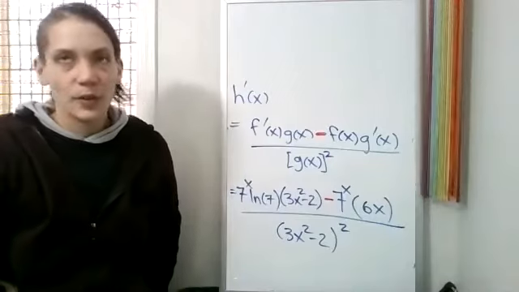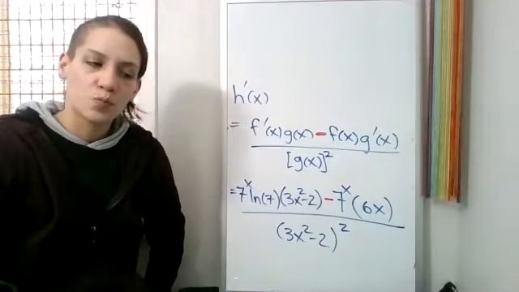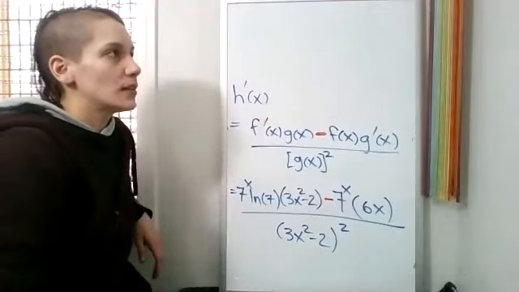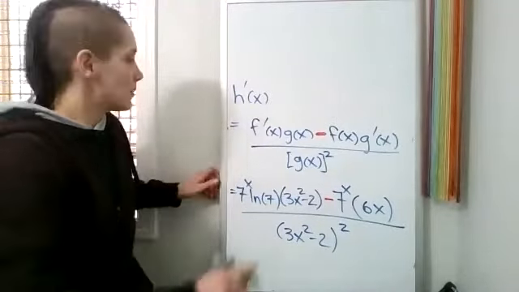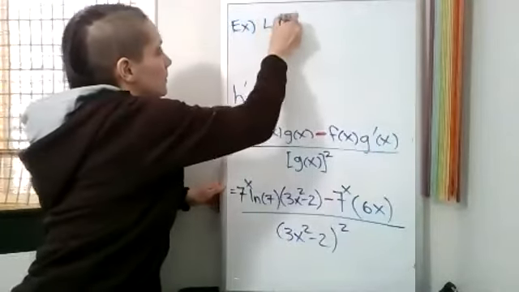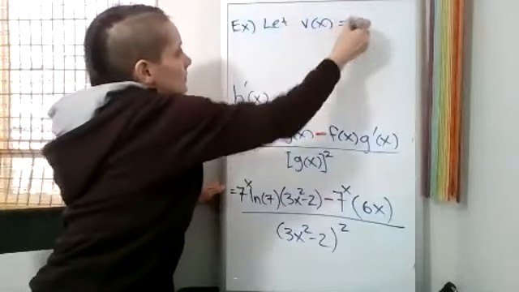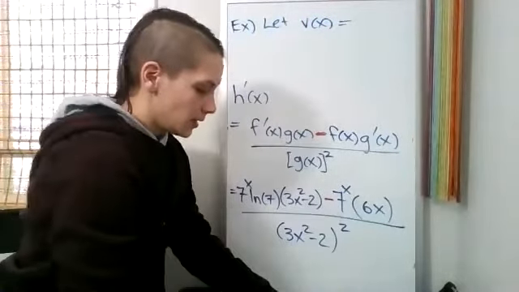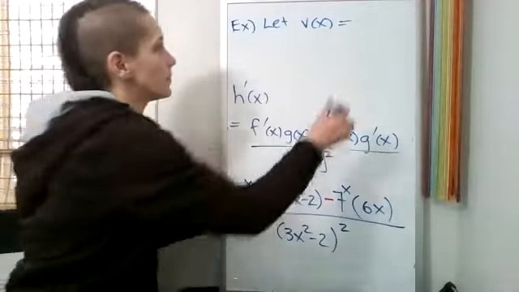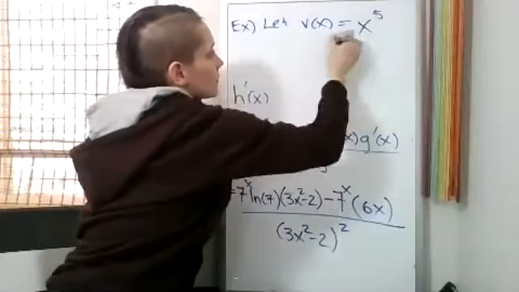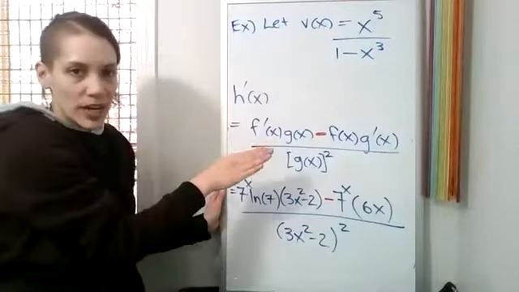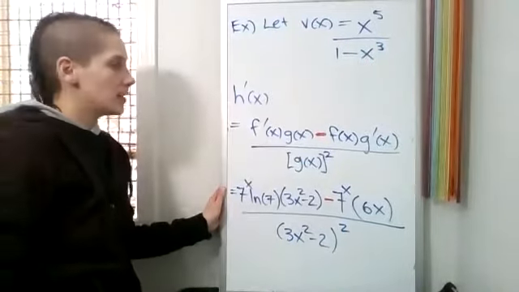Next one, we'll have a function we'll call v of x. Example: x to the fifth over 1 minus x cubed. And find v prime of x, or the derivative of v of x.